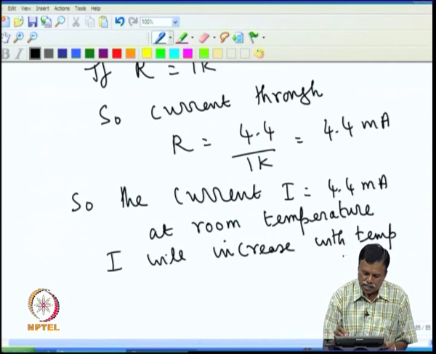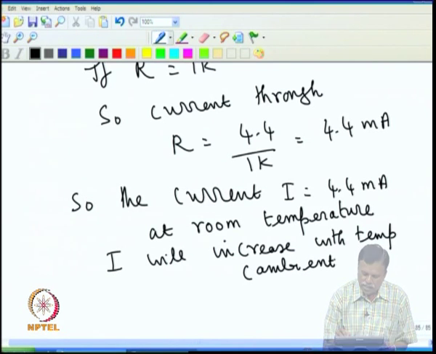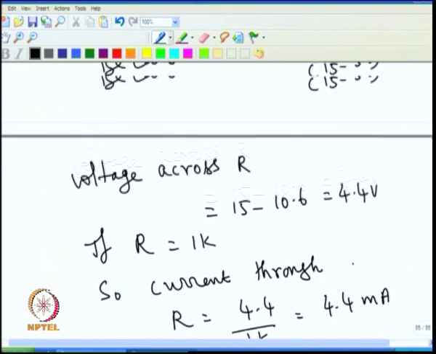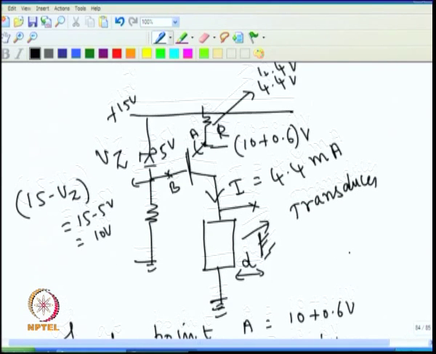Temperature means ambient temperature. When ambient temperature changes, this current I also will increase, because the temperature of the transistor also changes. So, when the temperature of this transistor changes, this current increases. That is because the base emitter voltage decreases with the increase in temperature.